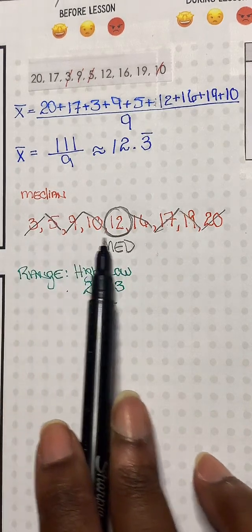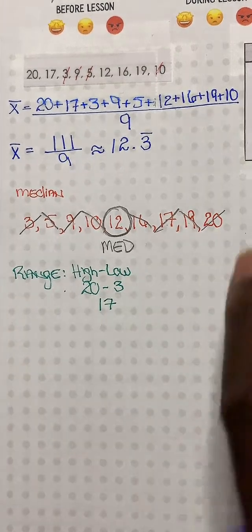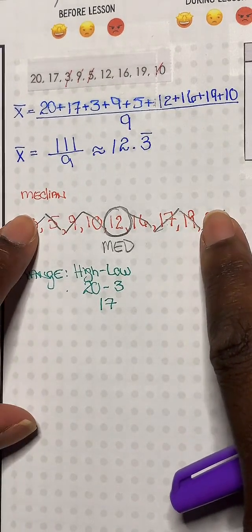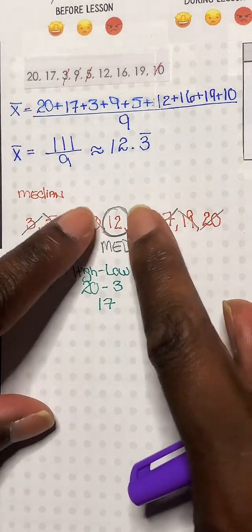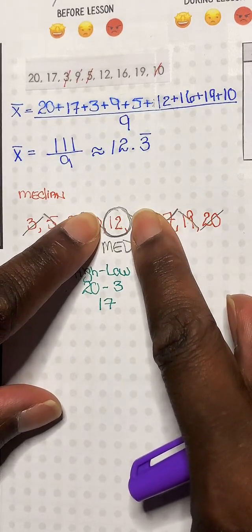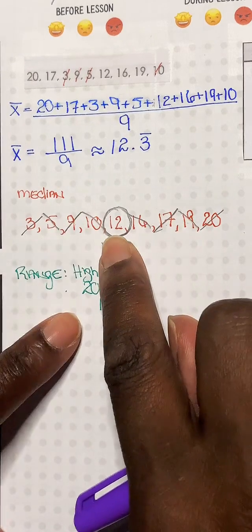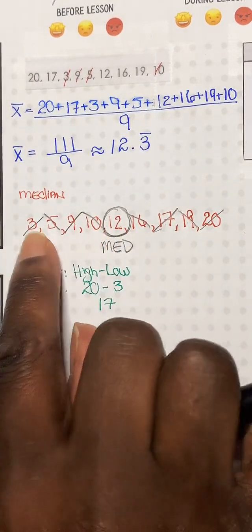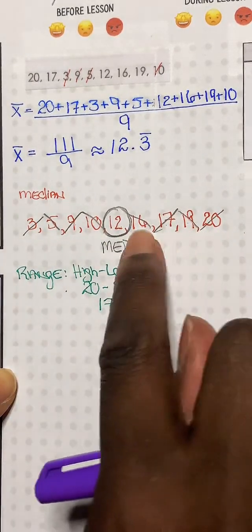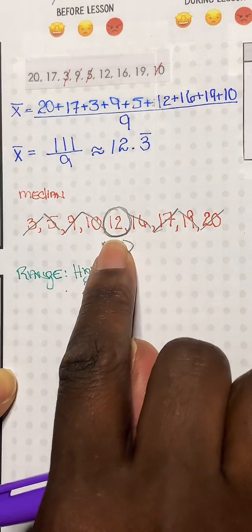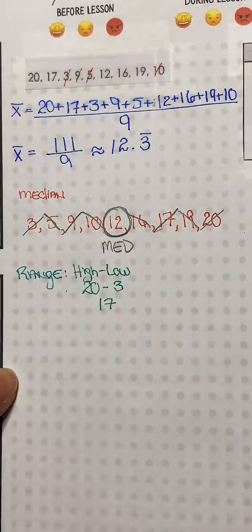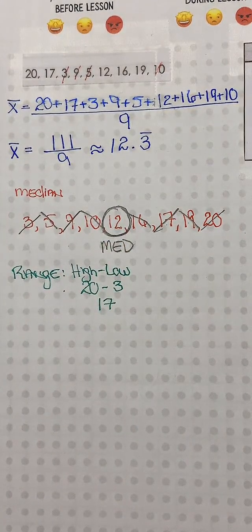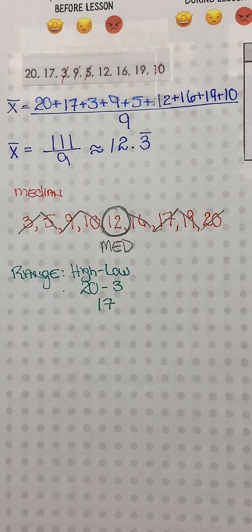Since we have an odd number of data, we're going to start on the ends, and then we're going to count towards the middle. And since it's an odd number, it gives us exactly our 12. You got 4 numbers to the left. You got 4 numbers to the right. That's how you got your 12 that's in the middle. Okay? All right. Cool.